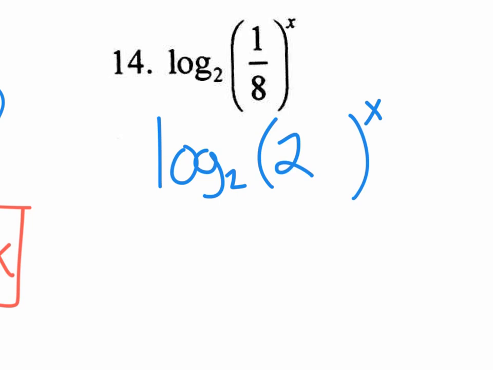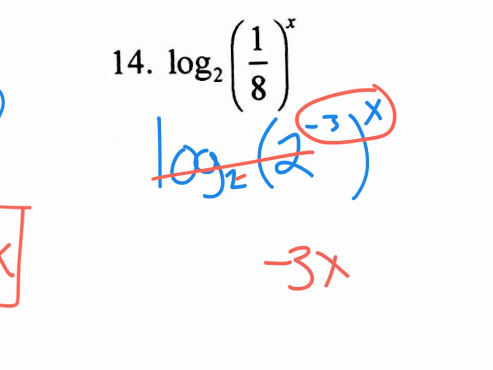That actually could be done. 2 to the negative 3 power gives me 1/8, right? So you guys need to get comfortable with negative exponents here. 2 to the negative 3 gives you positive 1/8. So all I need to do is multiply power to a power. These guys cancel out, and I get negative 3x as a final answer.